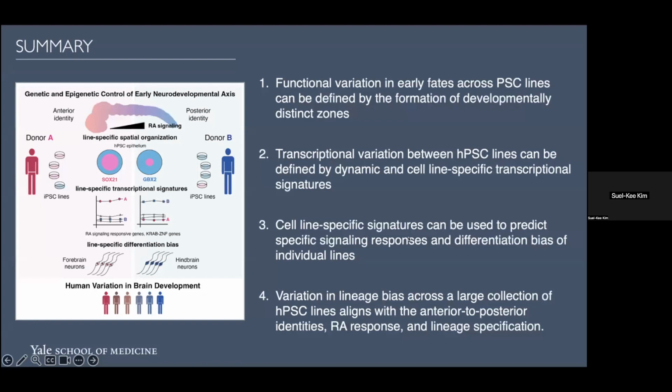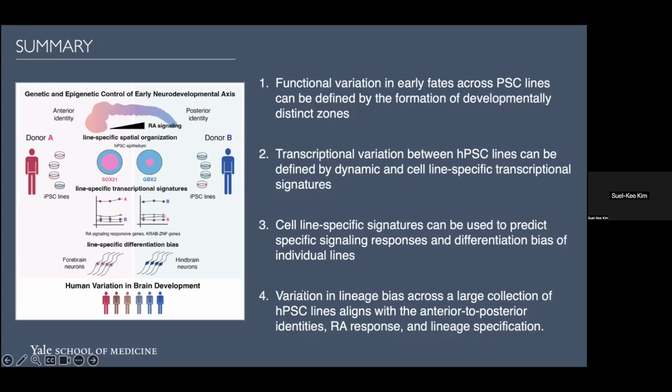So in summary, our study showed that functional variation in early phase across different lines can be defined by formation of developmentally existing zones. We showed transcriptional variation between the lines can be defined by dynamic and cell line specific transcriptional signatures.